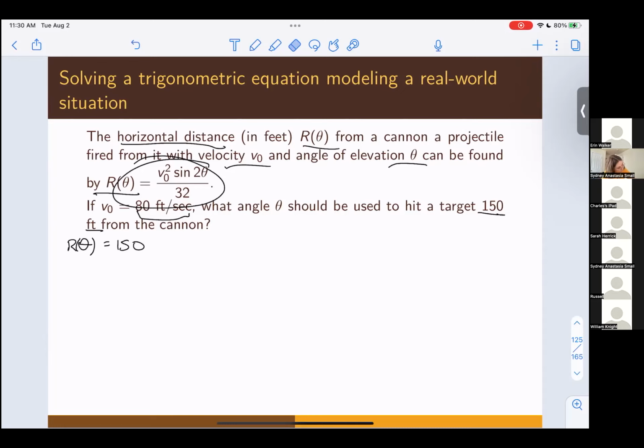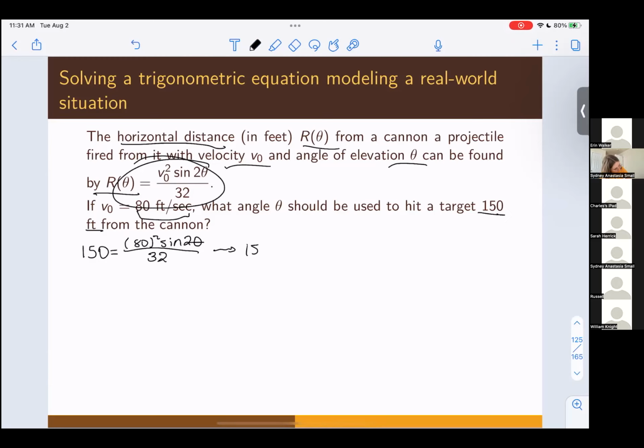So using that information, 150 is equal to 80 squared times the sine of 2 theta all over 32. I still don't really know what to do yet, but I'm just going to simplify this because I see a lot I can just algebraically simplify.